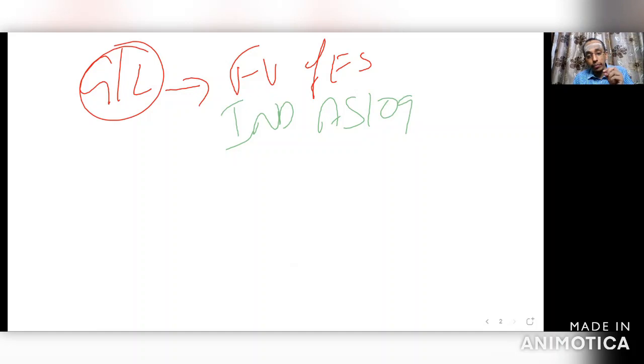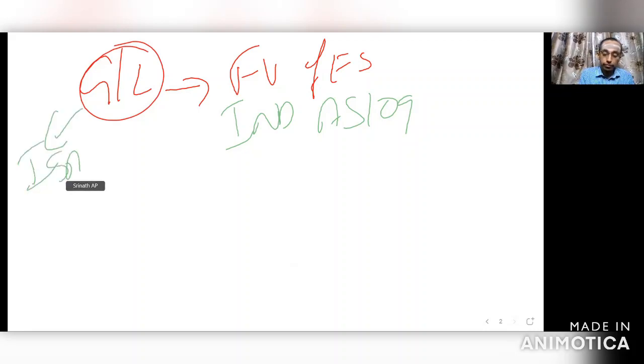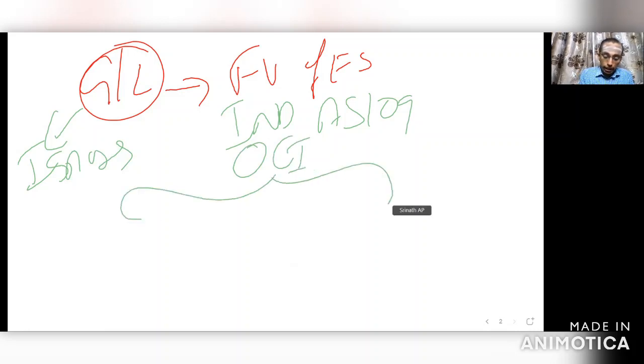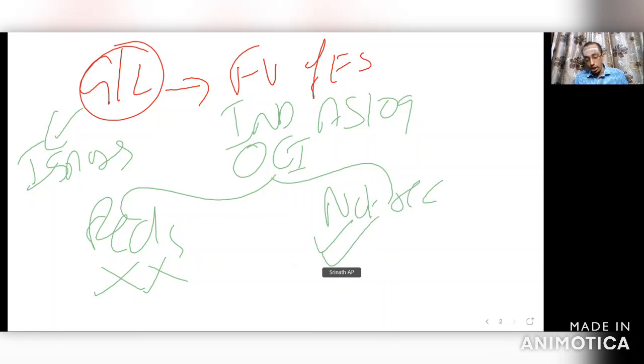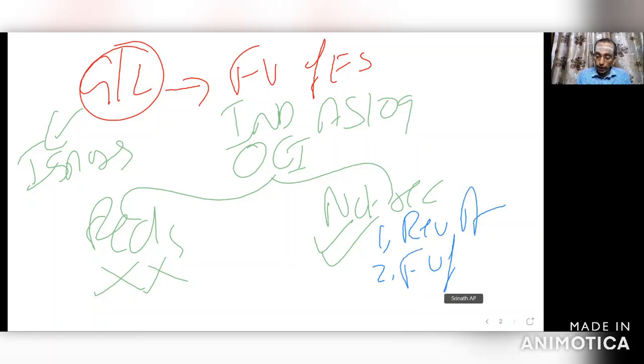Gains or losses that arise on account of fair valuation of equity investment or equity shares, if it is as per INDAS 109, again it has to be ignored. Now in OCI, items that would be reclassified to P&L account, ignore, don't consider. Items that would not be reclassified to P&L account, you will generally consider. However, two items would be ignored: revaluation of assets and fair valuation of equity instruments.